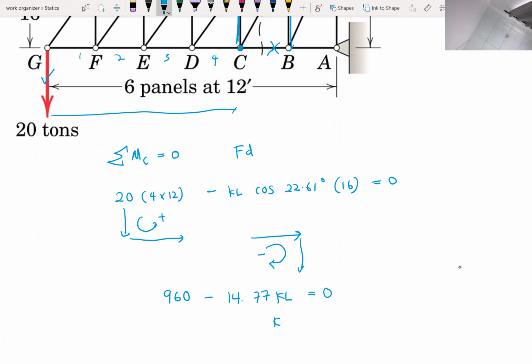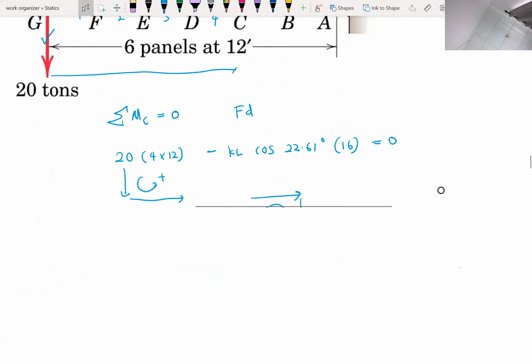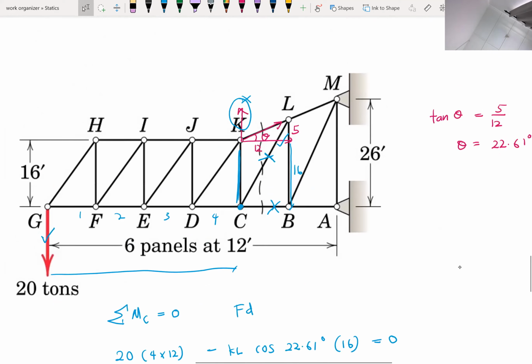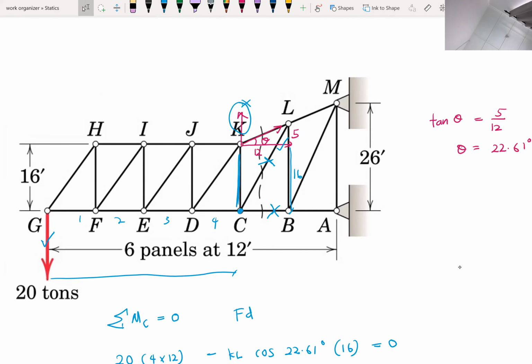So KL we get equal to 64.99, or 65. So we have settled KL. Next, the only one we don't know is CL.